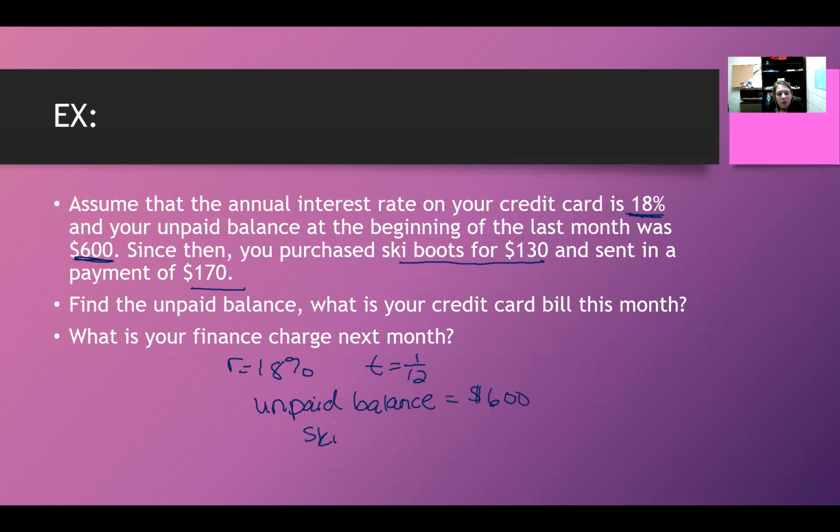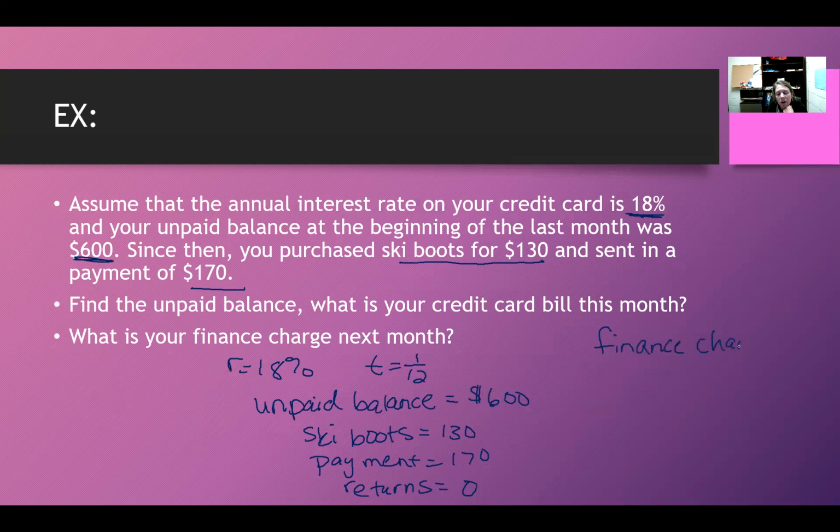We then purchased ski boots, which is $130, and we made a payment of $170. Now notice we don't have any returns, so I'm going to put 0 for that. Okay, so the only thing missing here is my finance charge, and I need to figure out what that's going to be.